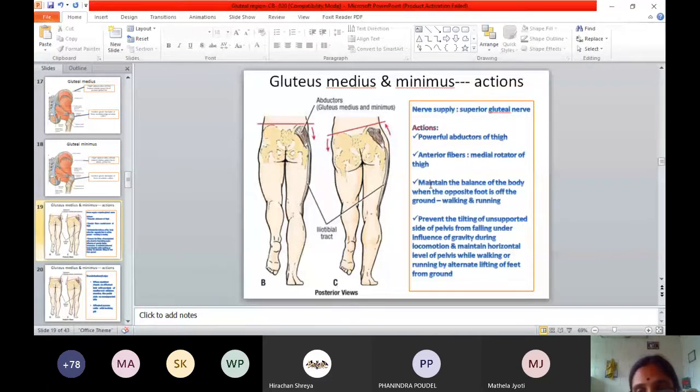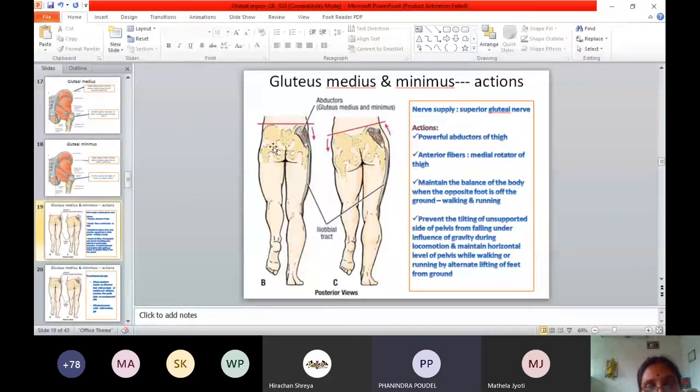Then this is the very important action. By the contraction of the gluteus medius and minimus, it maintains the balance of the body when the opposite foot is off the ground. How does it maintain the balance? By preventing the tilting of the unsupported side of the pelvis, which would fall down under the influence of gravity. See, this foot is off the ground, so there is a high chance of the pelvis falling towards the ground.